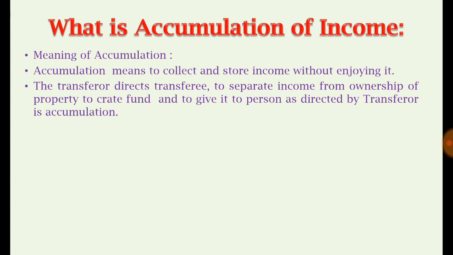It means though the property and ownership is transferred to the transferee, the transferee has to keep the income out of that property separate and create a fund, and it has to be given to that person to whom the transferor directs.